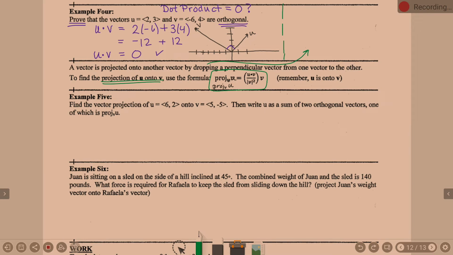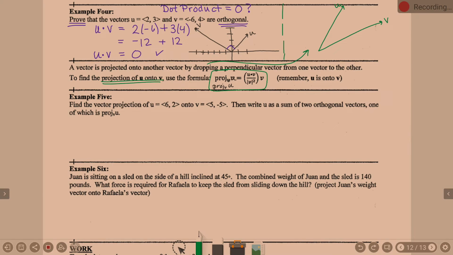So the idea that I want to express here is what it means to drop a vector's projection onto another vector by dropping a perpendicular vector from one to the other. We're talking about the projection of u onto v. So if I draw this as vector v, and this is vector u.